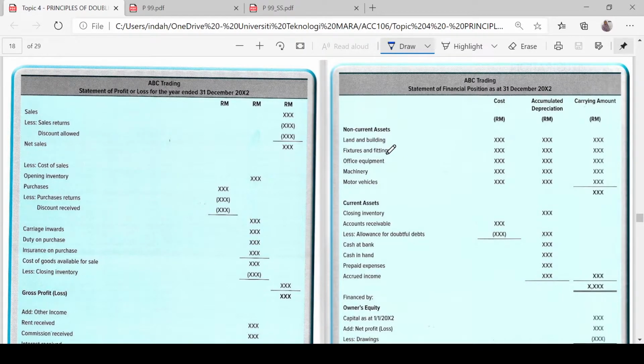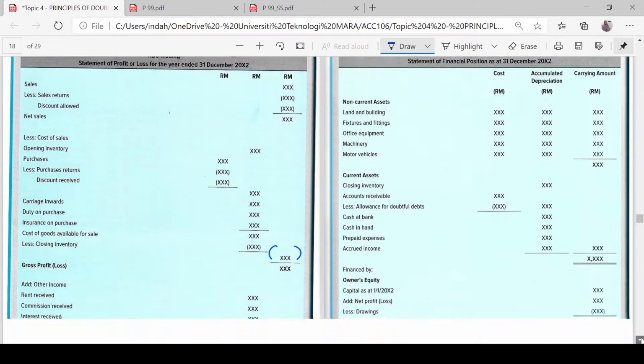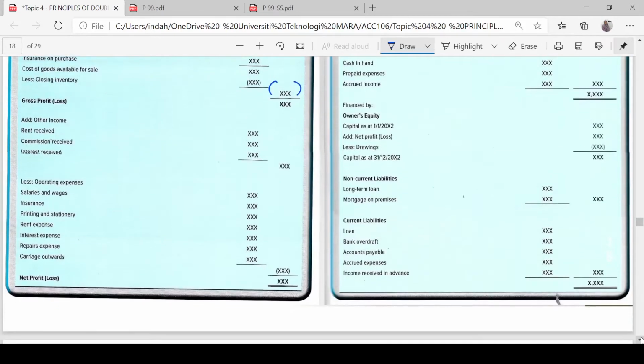Cost of sale will be deducted from net sales, and it would be equal to gross profit, or gross loss if it is negative. Then we add other income if we have any, for example rent received, commission received, interest received.